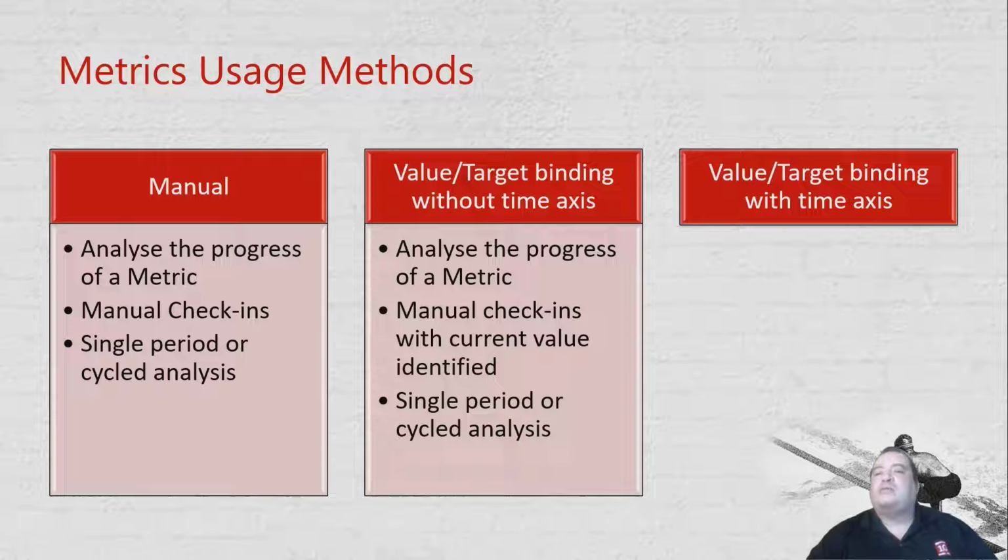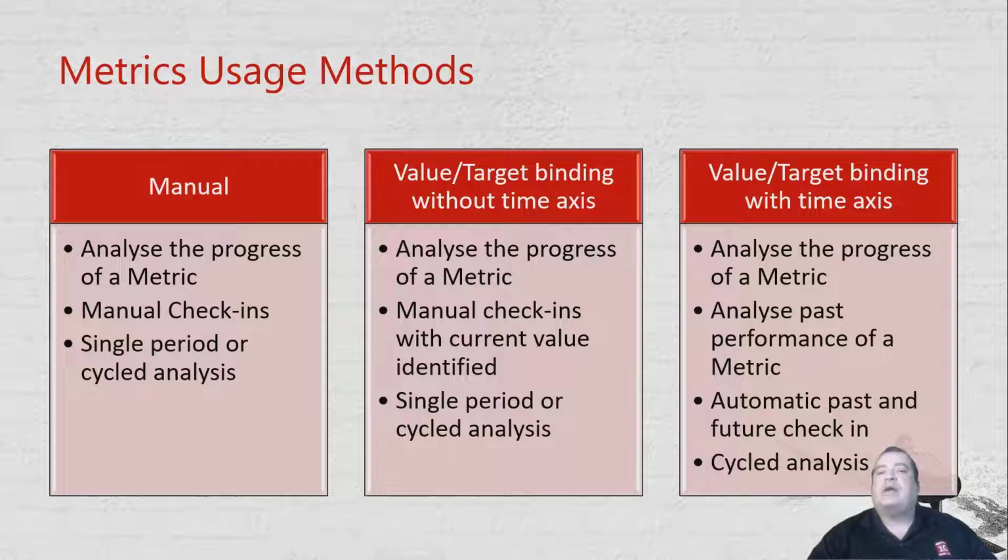And then we have a value and target binding with a time axis. When we use a time axis to analyze the progress of the metric, we can analyze the past performance of the metric. Why am I saying that we can analyze the past performance? Because we pointed to the value, the target and the time axis, the check-ins will be automatic. We will not make manual check-ins. The metric will retrieve the check-ins automatically from our data source.